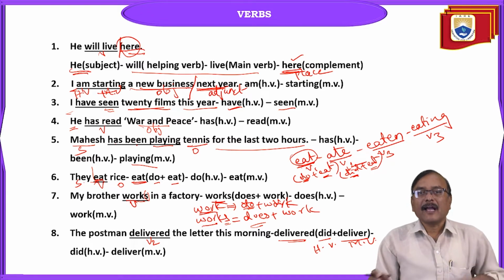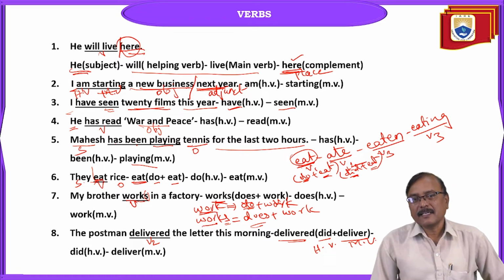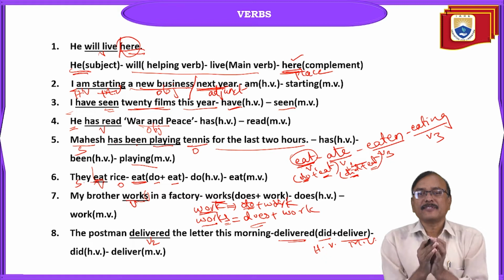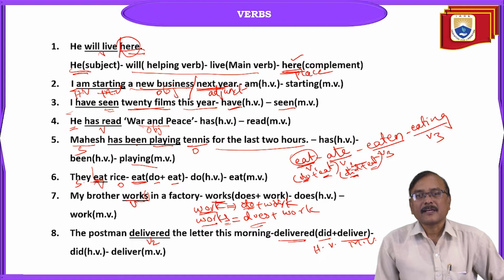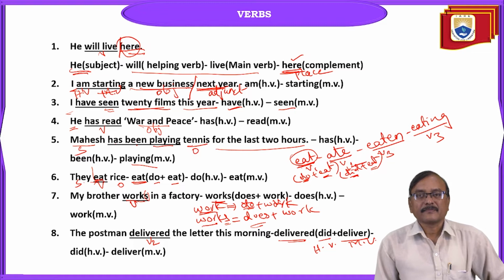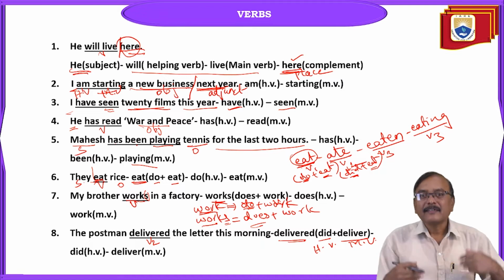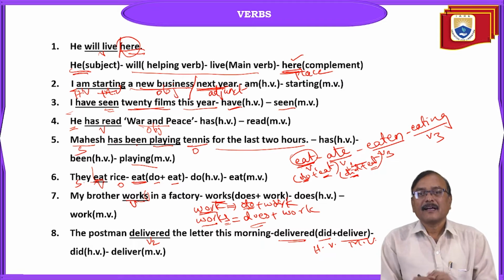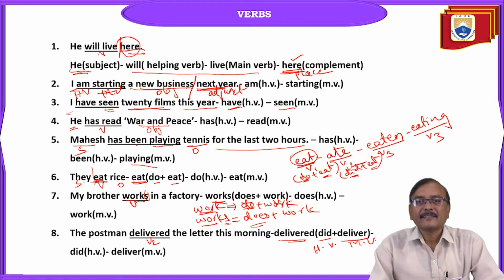If the actions were completed in the past, we say the actions are in past tense. And if they are going to take place in future, the actions will be in future tense. So according to the time of the action, the tense depends: completed actions, future actions, regular actions, or continuing actions. Like that we have to divide the tenses.